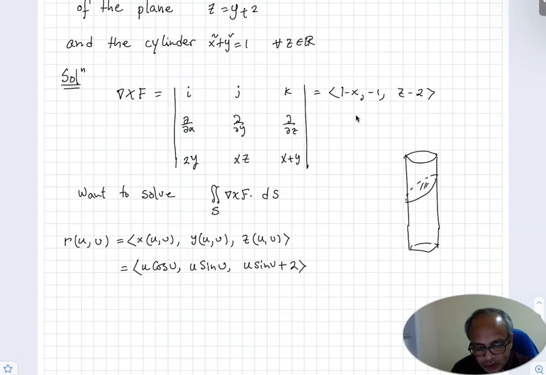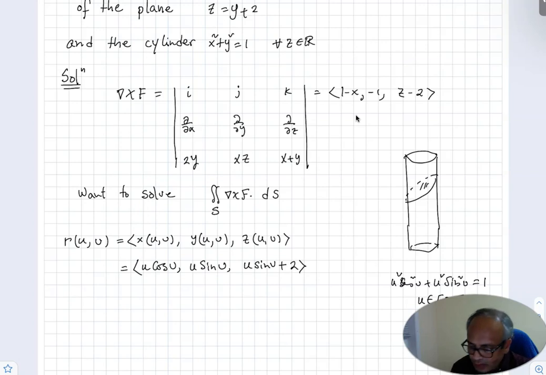With u cos v and u sin v as x and y, x squared plus y squared would be u squared cos squared v plus u squared sin squared v equals 1, which means u will go from 0 up to 1.